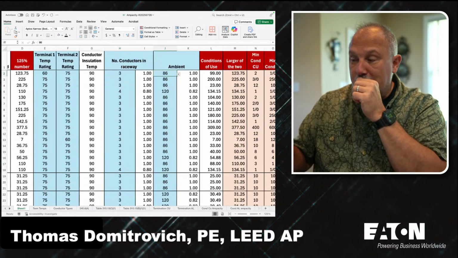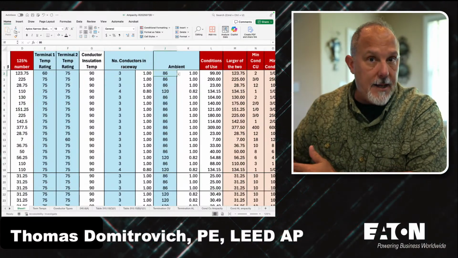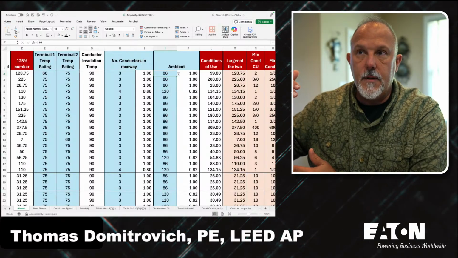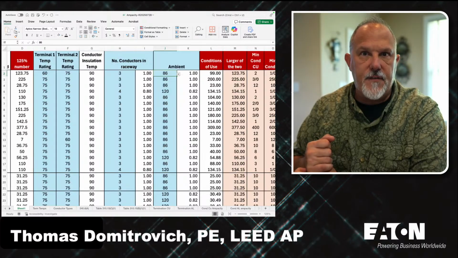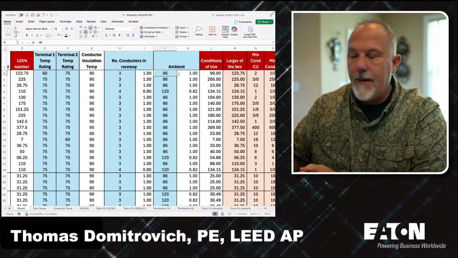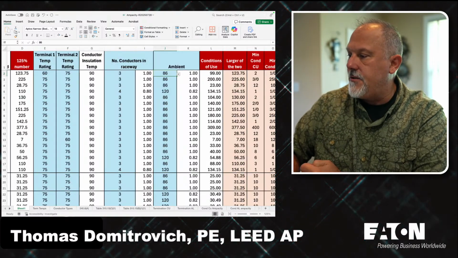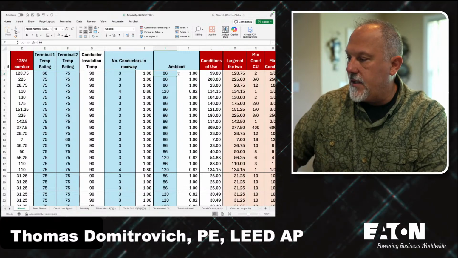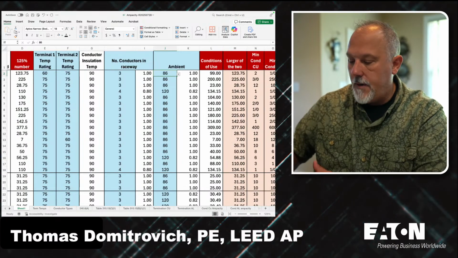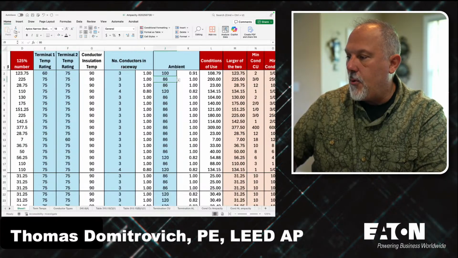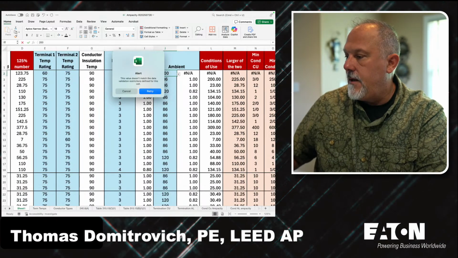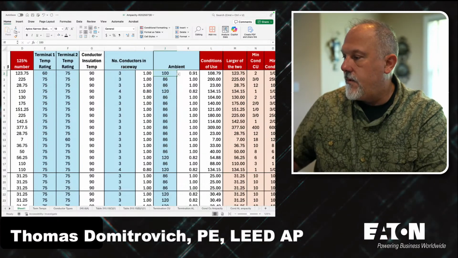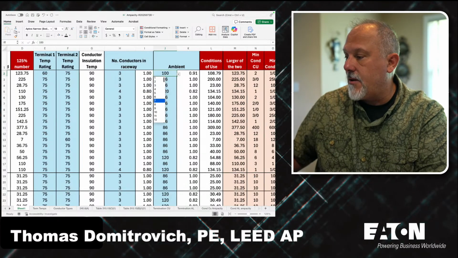My ambient temperatures, I did the same thing. I brought in the table from Article 310, 310.15, I think it is. There's the ambient correction factors. So if I go, for example, 100 degrees, I'm at 0.91. If I go 200 degrees, I'm, no, 100 degrees, I'm not going to 200.